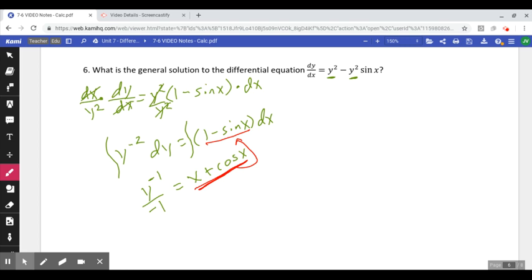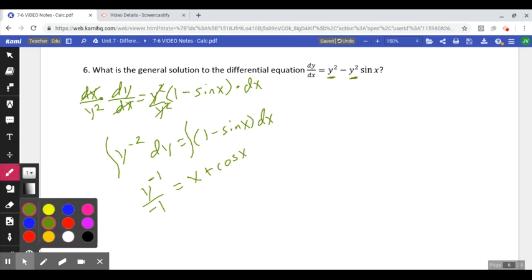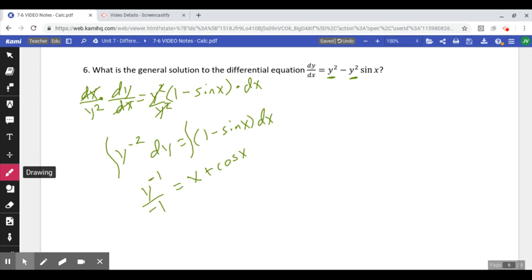The derivative of x is 1, and the derivative of cosine is negative sine. So I'm good to go there. That's a step that I always do in my head, even though I sometimes don't write it down, just to make sure that I found the correct antiderivative. And I've forgotten one thing here that's totally necessary, and that's your plus c. Make sure that you're adding that plus c in there.